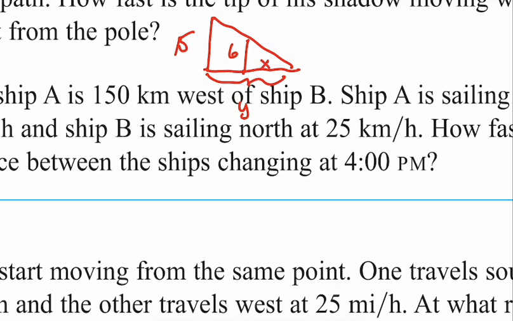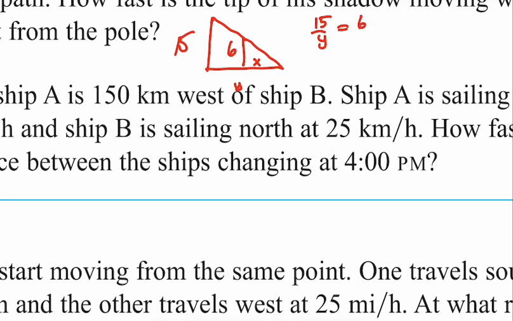You can call this piece x and this piece y. It doesn't matter how you do that. You are going to use proportionality, similar triangles. So if you call this whole length y and this little piece x, you know that 15 over y is the same as 6 over x, because that's your equation that relates them.